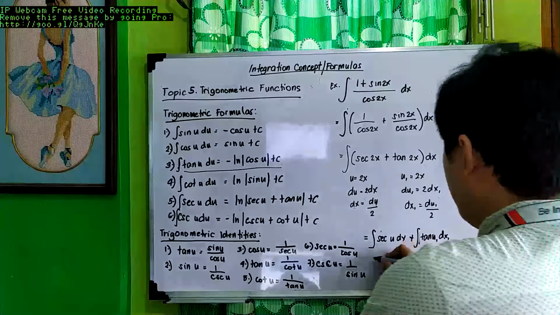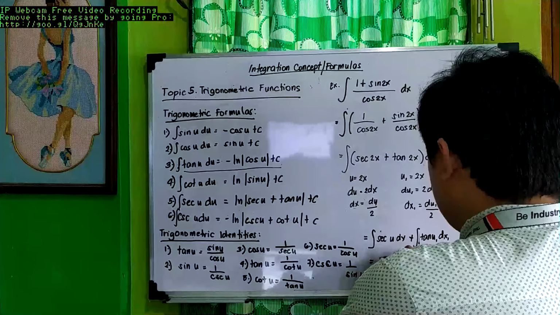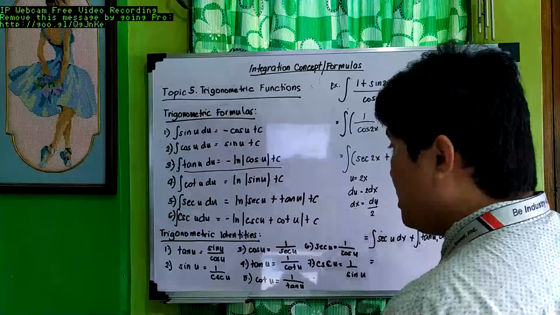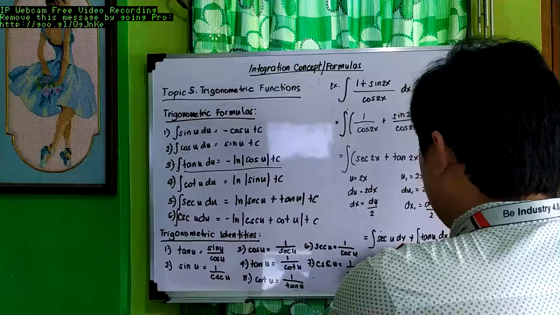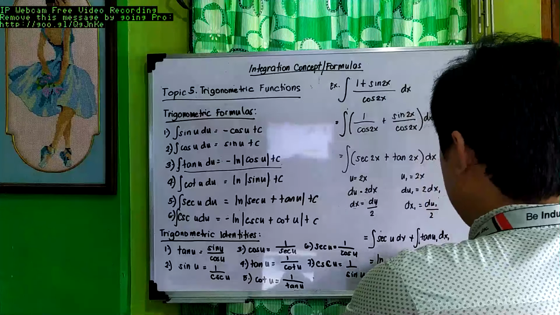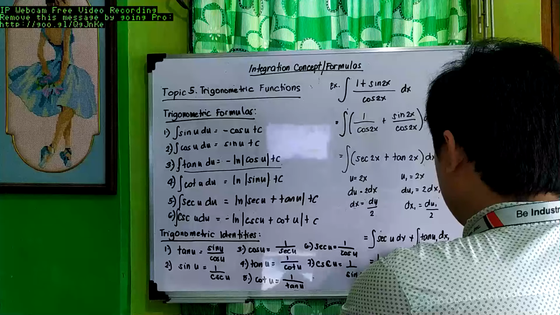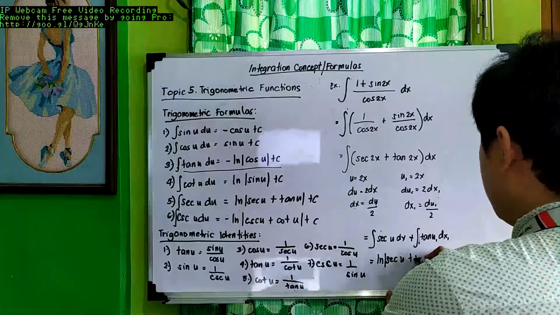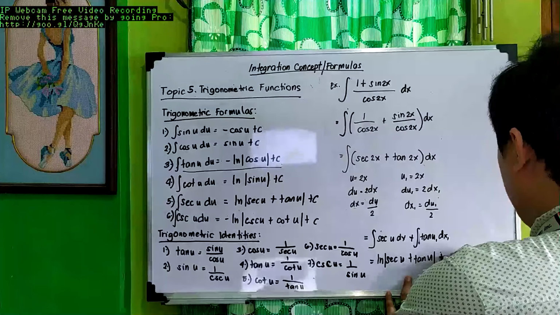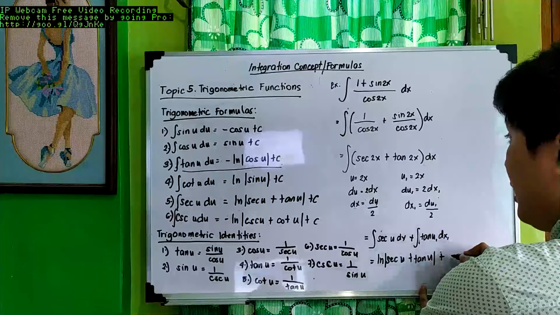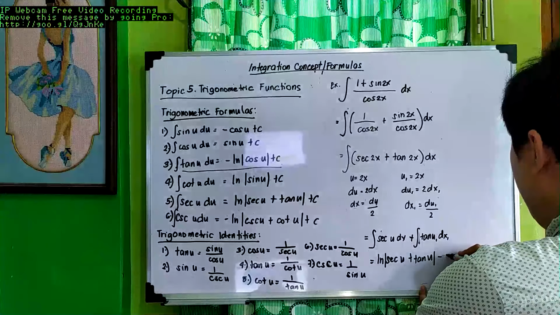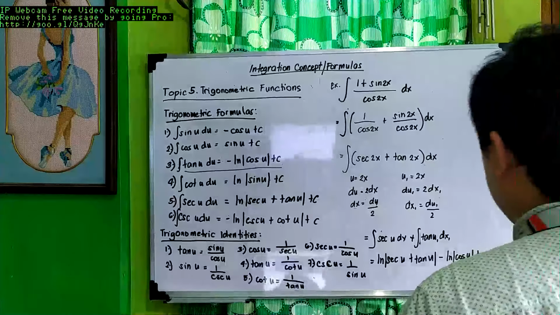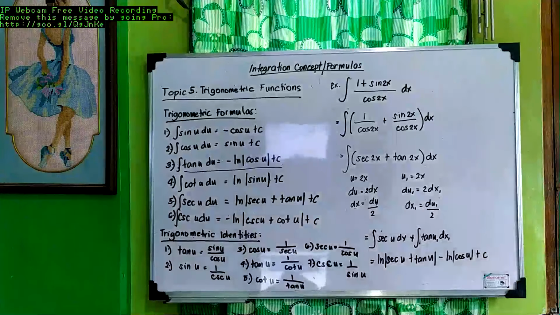So we have integral of secant u dx, that is ln secant u plus tangent u plus, for this you have negative, right? So we have negative ln cosine u sub 1 plus c. Okay?